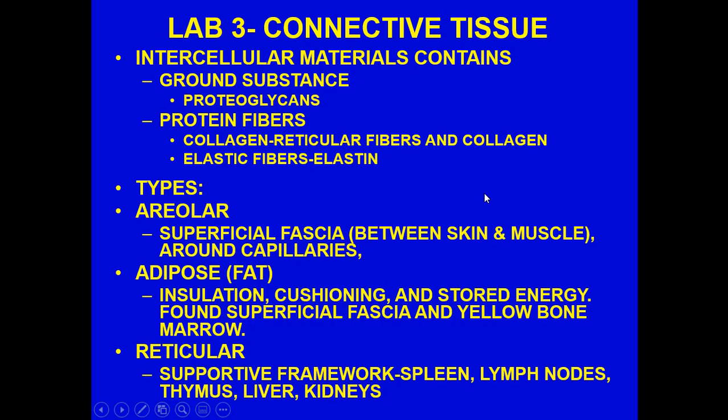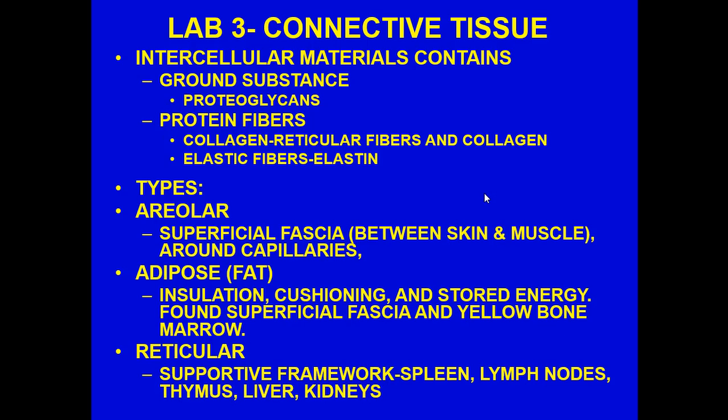Okay, there are a couple of things you need to be aware of also when we start talking about connective tissues. Connective tissues consist of various structures, have a variety of materials in them to help them to be part of support structures, etc. They're going to be very commonly having intracellular materials that are like the ground substance, which is made up of proteoglycans, protein fibers, some of them that are going to be involved with the basic capability of handling stretch and pressure, and adding sort of a strength to it.